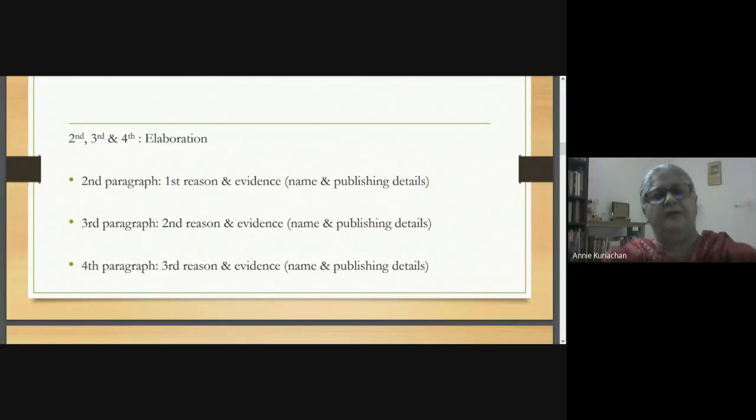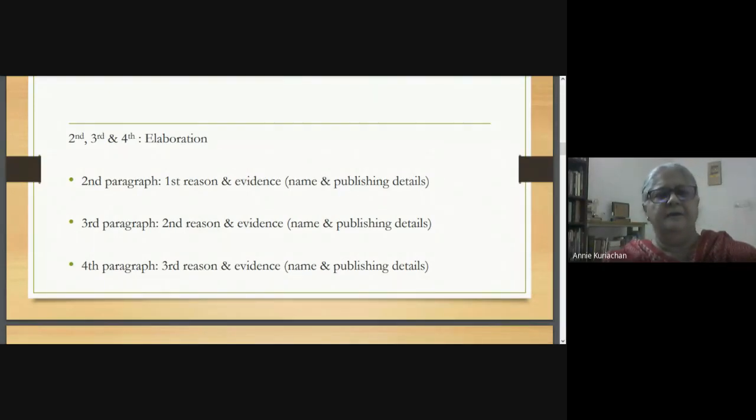Now, when you are looking at other scholarly contribution, pay attention to giving credit to people, because you're borrowing their ideas, you're quoting their ideas. You need to give credit with name and publishing details. I'll explain how that is done later when we do in-text citation and documentation protocol.